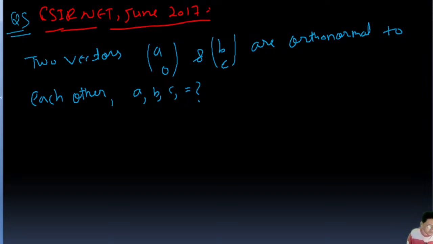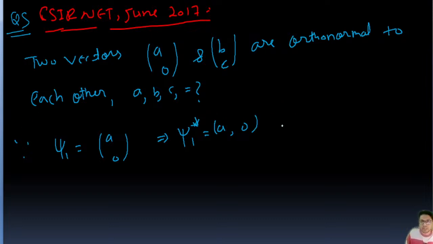How are we going to solve it now? Since psi 1 is given as A0, psi 1 star is going to be A comma 0, right? Similarly, psi 2 is given as BC. This implies psi 2 star is going to be BC.